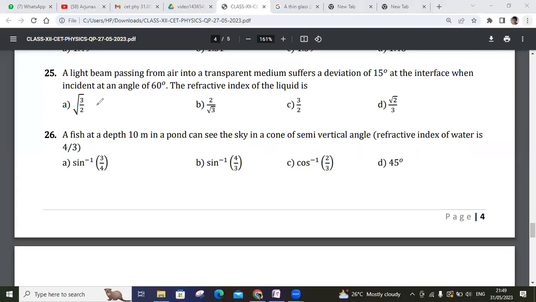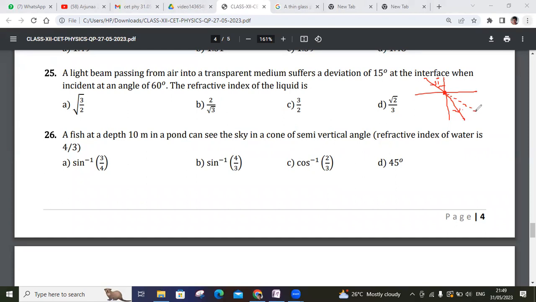So 25th: a beam of light passing from air to a transparent medium suffers a deviation of 15 degrees. So it is going from air to a transparent medium, from rarer to denser, because air is the rarest next to vacuum. So rarer to denser, towards the normal.